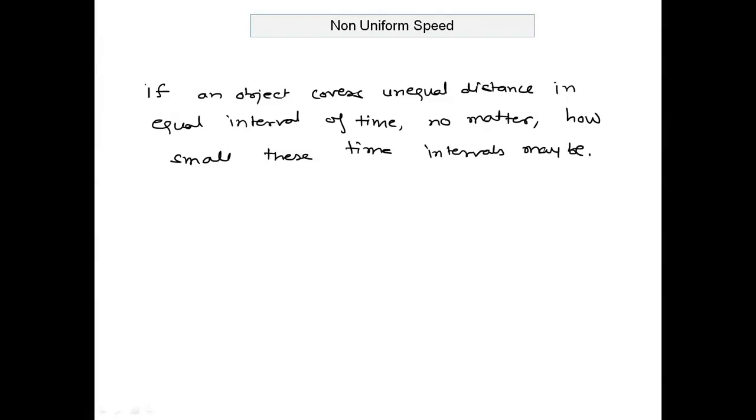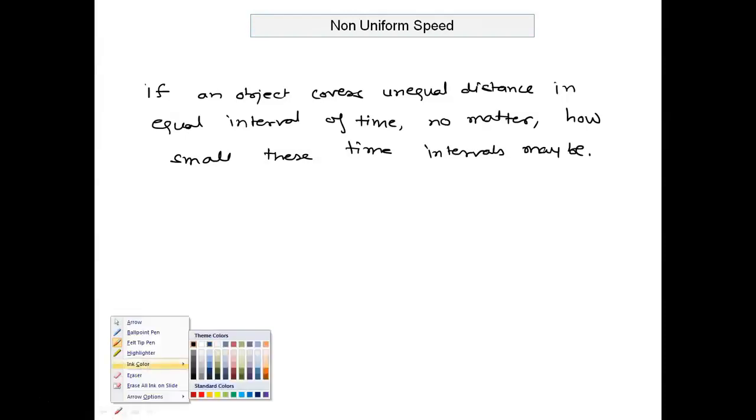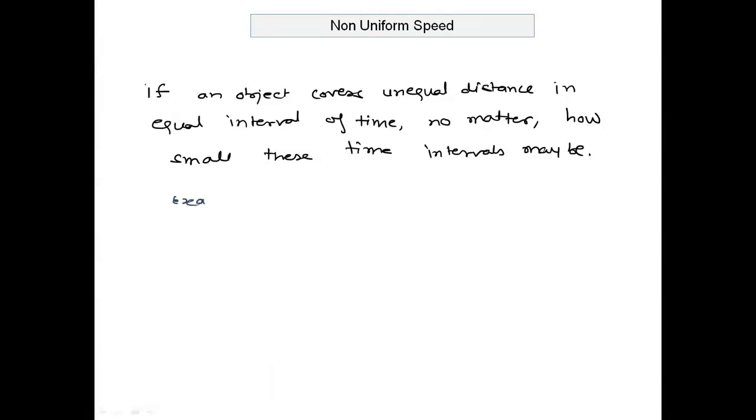And there are a number of examples for this. Like if I write an example, very simple, we can say motion of a car on a crowded road. You also know when it is a crowded road, your speed cannot be constant.